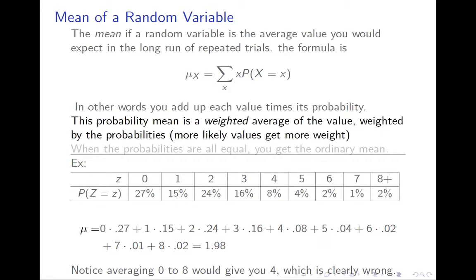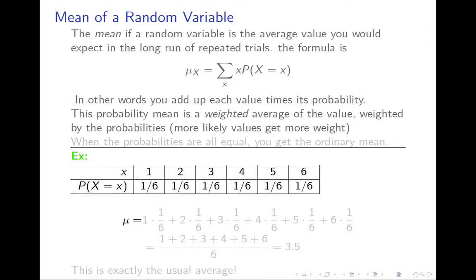So the probability mean is a weighted average of the values, with the weights coming from the probabilities, and it turns out, even though it looks a little odd, to be the right thing to do. As I said, that tells you what you will expect in the long run to be the average when you do the probability model over and over again.